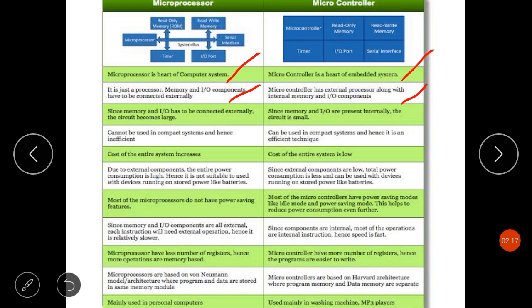As I've told you, a microcontroller can also be called a microcomputer on chip, because on the chip everything is there. Now in case of a microprocessor, since memory and input output have to be connected externally, the circuit, or the system, becomes large and bulkier.